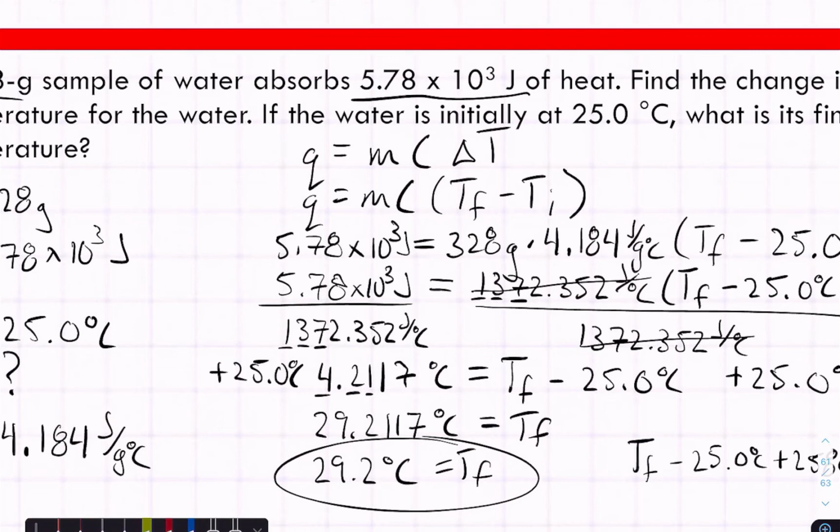We just have to do it to both sides. And the number that we multiply or divide on both sides is just the one that's convenient for canceling out the units, or the numbers, on the sides where we don't want them. So the same reason that we add 25 is the same reason that we divided this 1372.